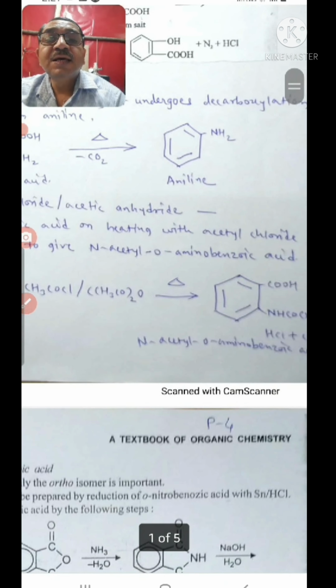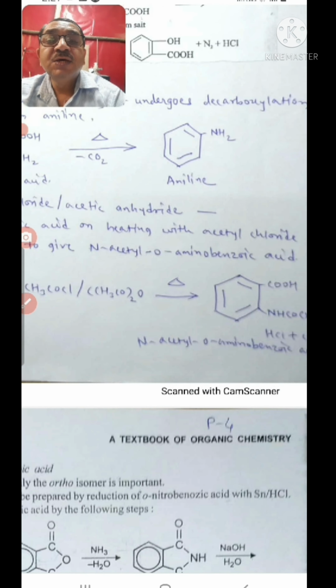When we treat anthranilic acid with acetyl chloride or acetic anhydride, we get N-acetyl orthoaminobenzoic acid. It has the benzoic acid part and NHCOCH3 part.